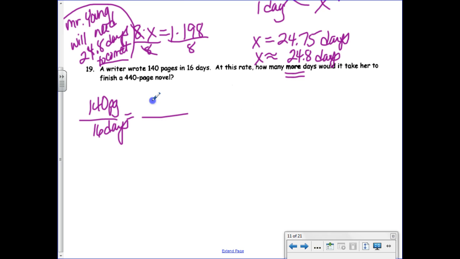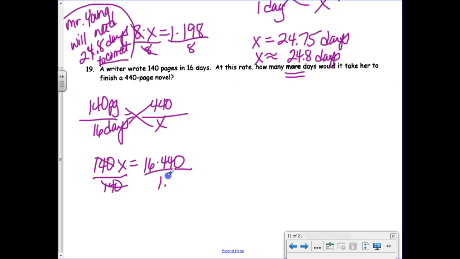Now, if you just jump and put the 440 here, and then I don't know the days, you can certainly solve it that way, but let me just show you what's going to happen. You have 140 times x, 16 times 440, and then you're going to have to divide each side by 140.